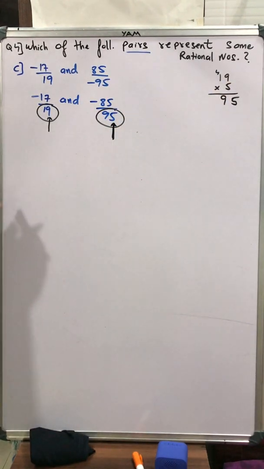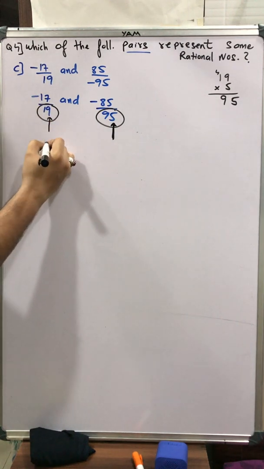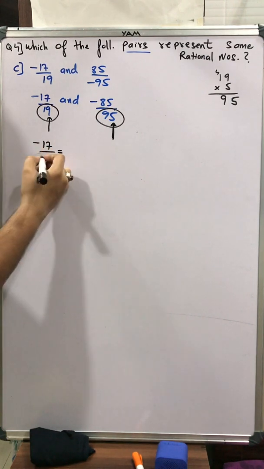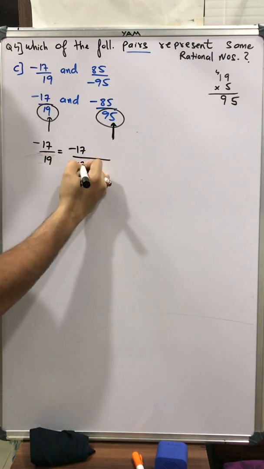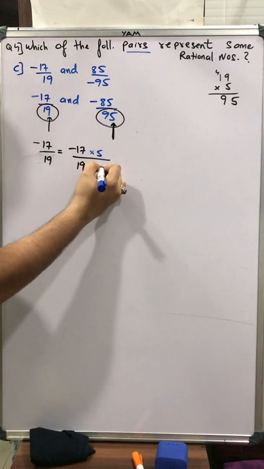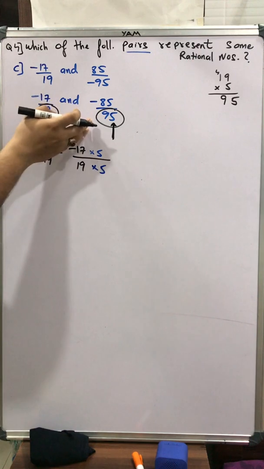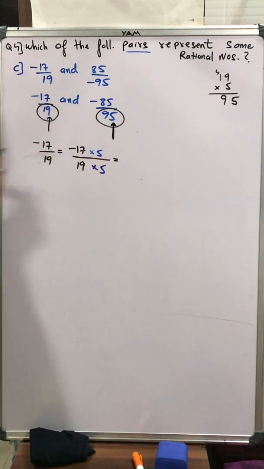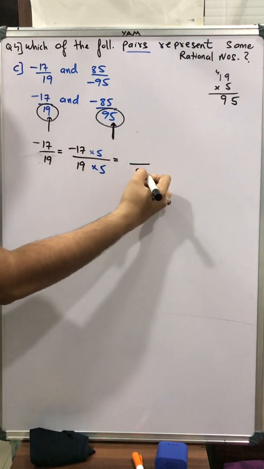Okay, so what I'll do is I'll just solve the first fraction, which is minus 17 upon 19. I'll multiply numerator with 5 and denominator with 5. Of course, I cannot multiply only one, either numerator or denominator. We have to multiply at both the places. So now the denominator comes to be 19 fives, as we saw, 95.